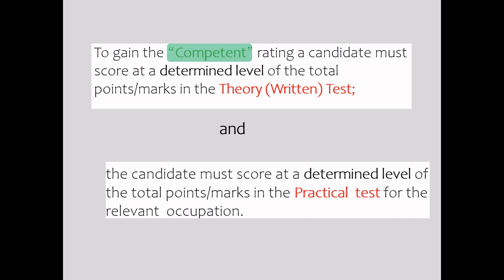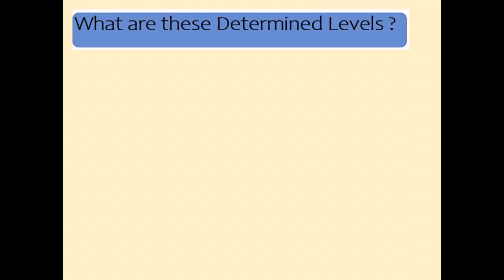For CBET, the core subjects or core units are the ones which have both theory and practical. But for common and basic units, we only have a theory or written assessment. So what are these determined levels?